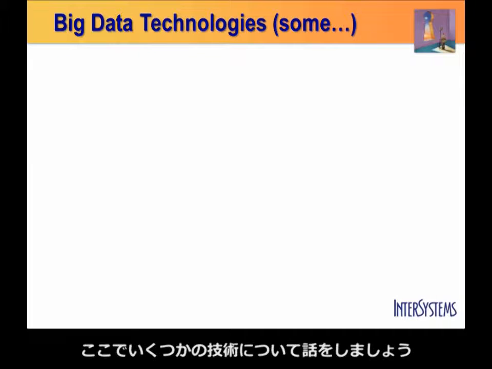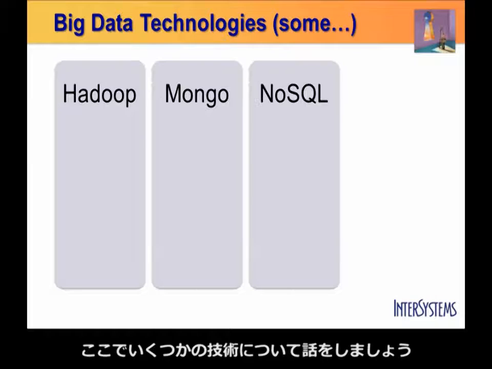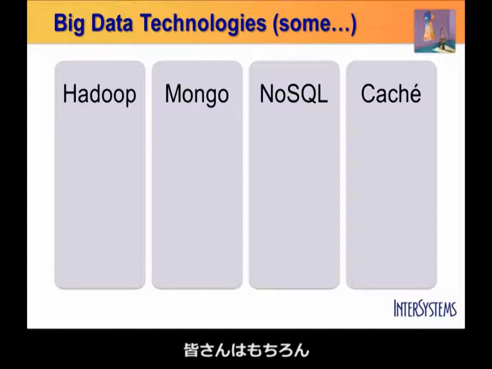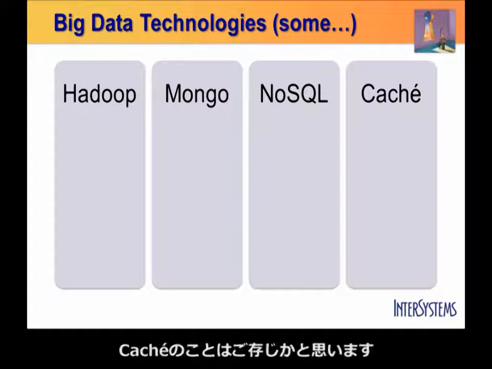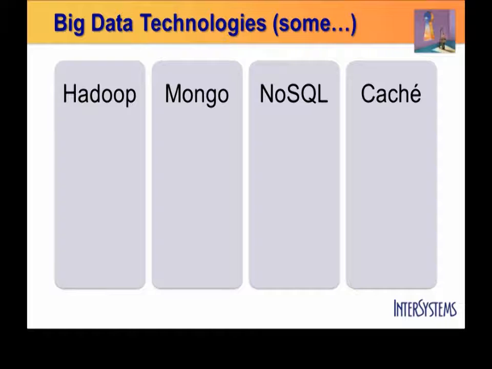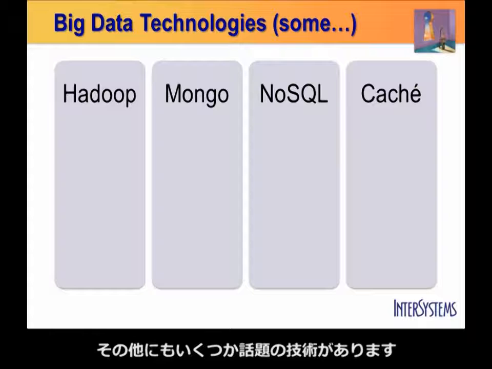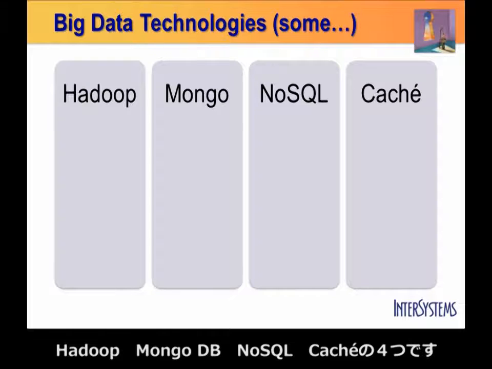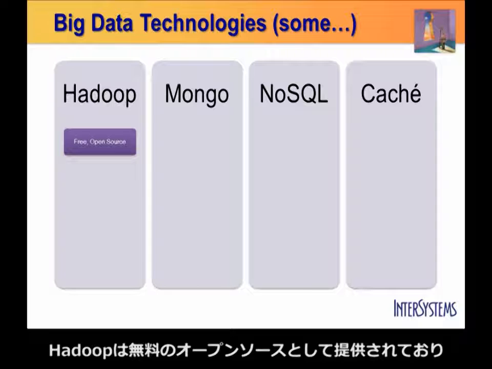So I'm going to talk a little bit about some technologies that you may have heard of. I'm hoping everybody's heard of cache. That's why you're here. But there's some other technologies and buzzwords that are out there. So I'm going to very quickly put some context behind some of these things, okay? So Hadoop, Mongo, MongoDB, NoSQL, and cache. So let's see. What is Hadoop? Hadoop is free and open source.